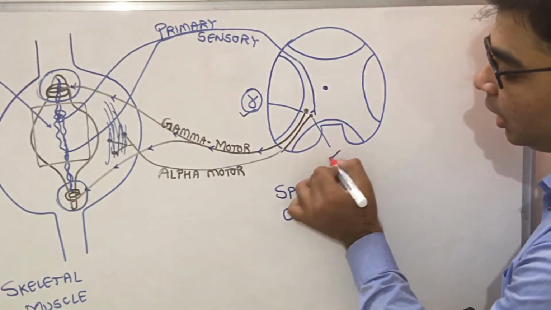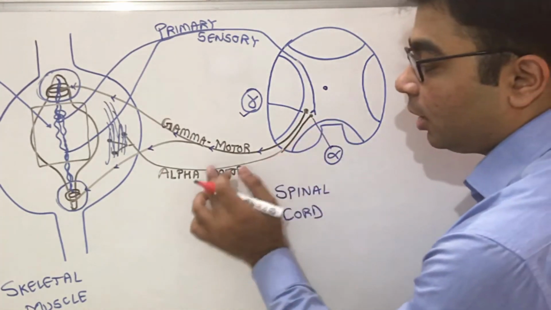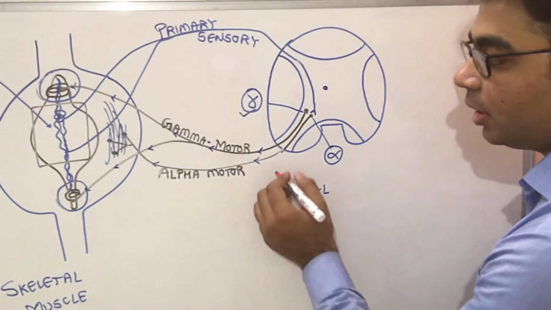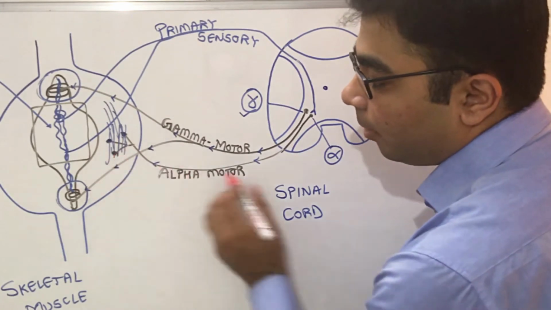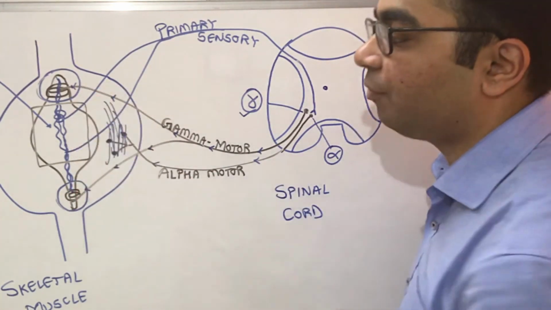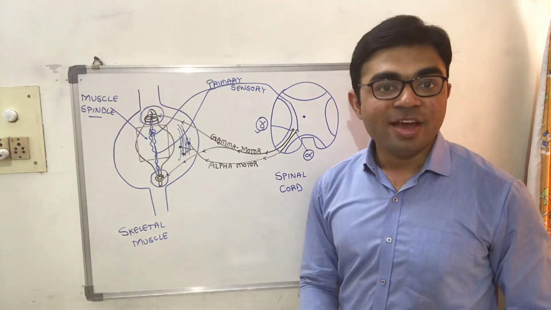The alpha motor neuron discharges the impulses, and through the spinal nerve it reaches the extrafusal muscle fiber and gives the message of the contraction of the muscle fiber.